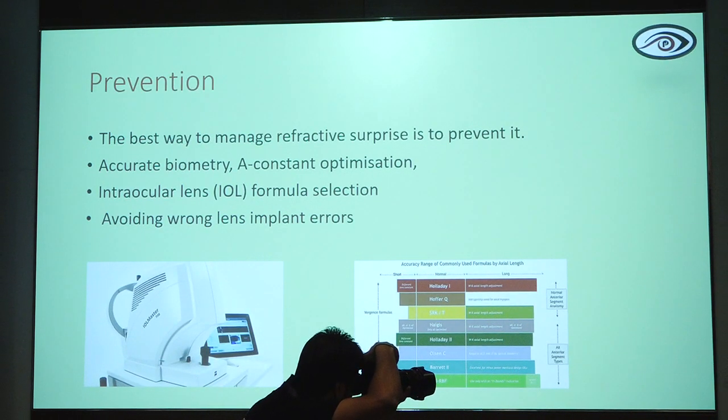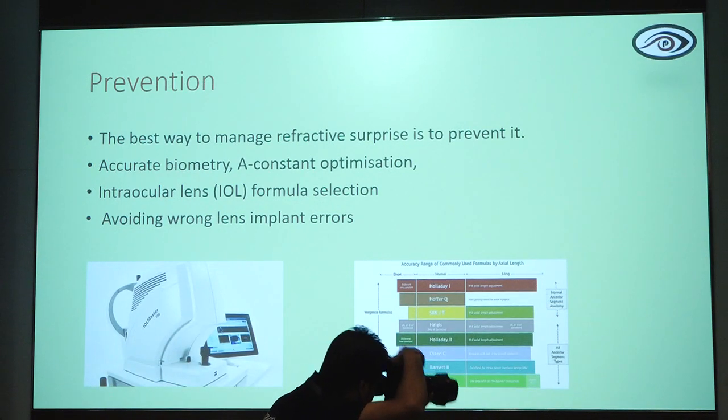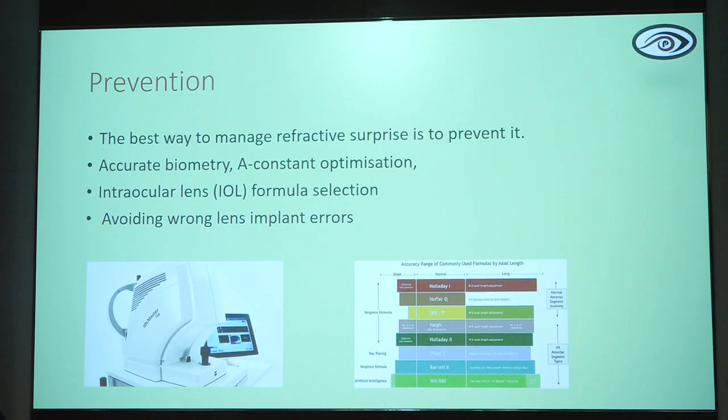The best way to manage refractive surprise is to prevent it. Accurate biometry, A-constant optimization. Some of our friends are still using immersion technology; you may have to do 2 to 3 readings.